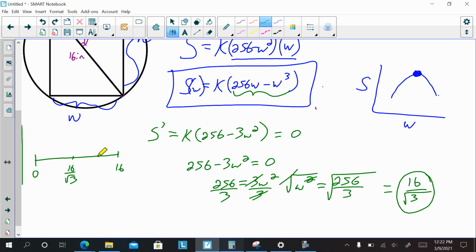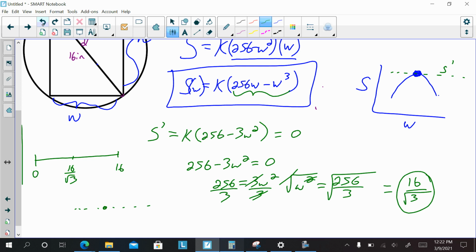Or we could use our second derivative to find out at the critical point, at 16 over root 3, notice that's where our first derivative, where our slope is 0, are we concave down or are we concave up?